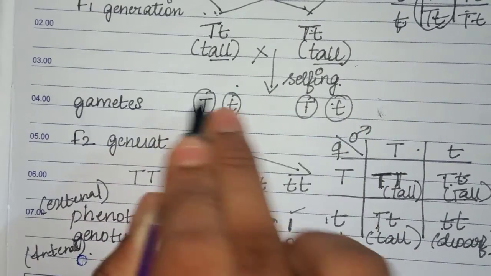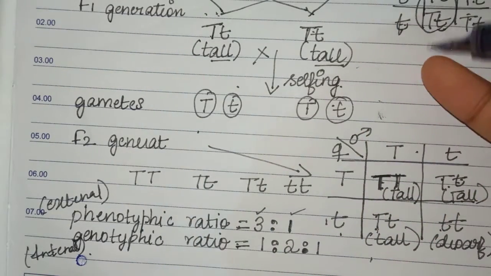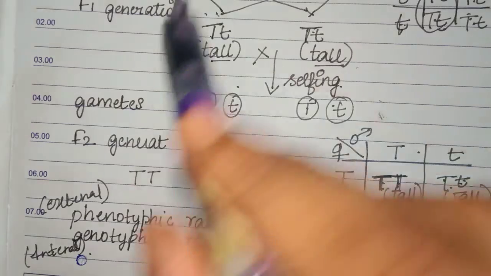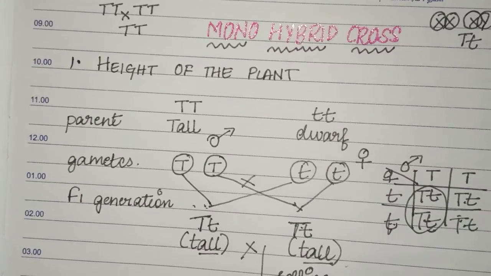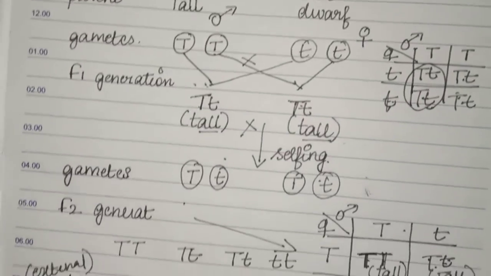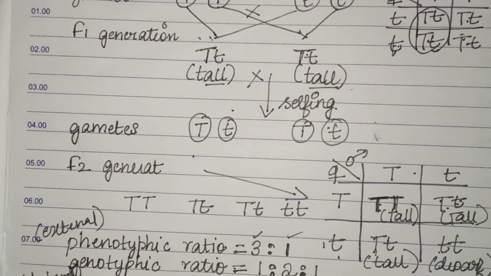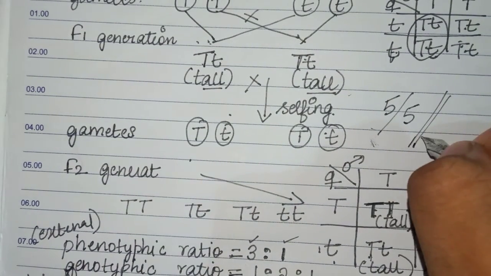After getting gametes, you cross again using the Punnett square as I did here, and finally you end up with the ratios. When you perform the whole thing similar to this, you'll confirm 5 marks without missing any half mark. You'll get a full 5 out of 5 without any doubt.